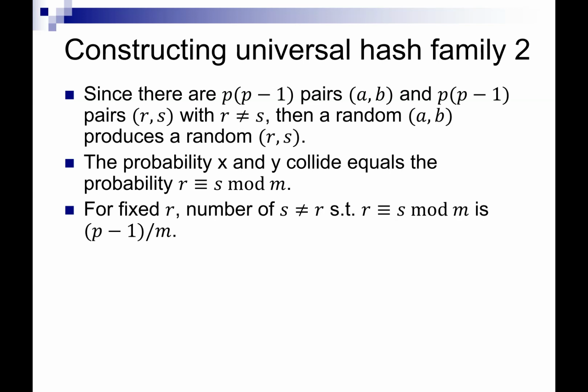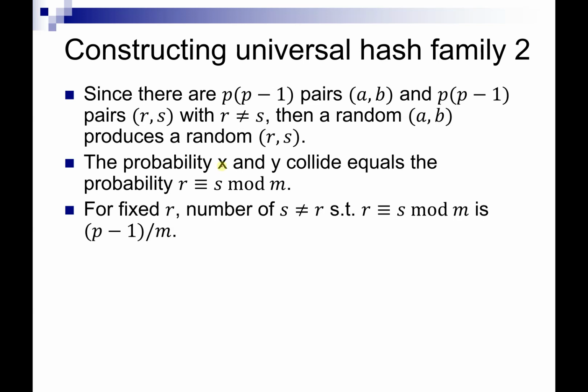All right, so now we're going to use this fact, and look at the collision probability between X and Y. This is what we're trying to figure out. What's the probability that X and Y, when you hash them using H sub AB, collide? We've established all of these facts, and now we can actually compute this probability.